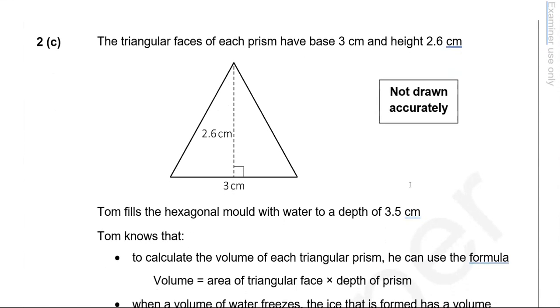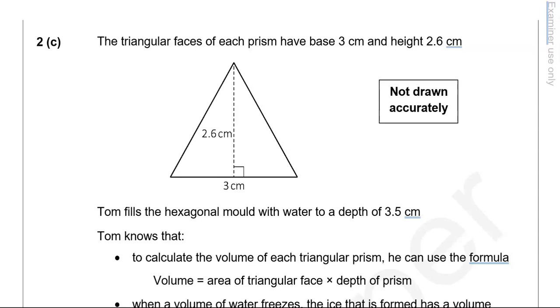The triangular faces of each prism have base 3 centimeters and height 2.6 centimeters. Tom fills the hexagonal mold with water to a depth of 3.5 centimeters.